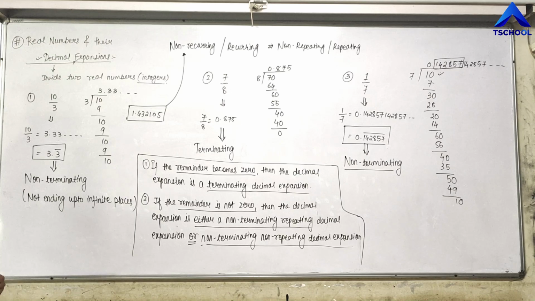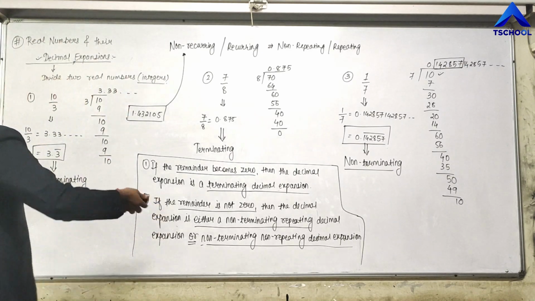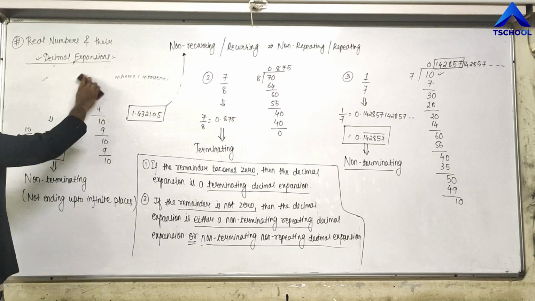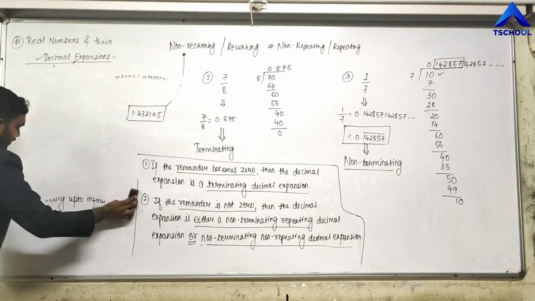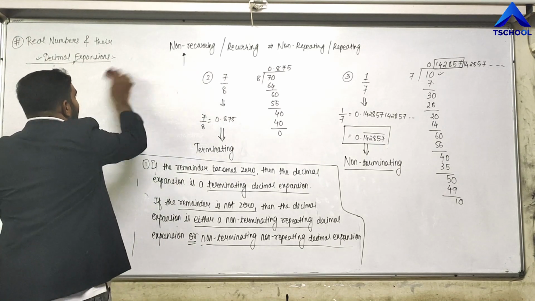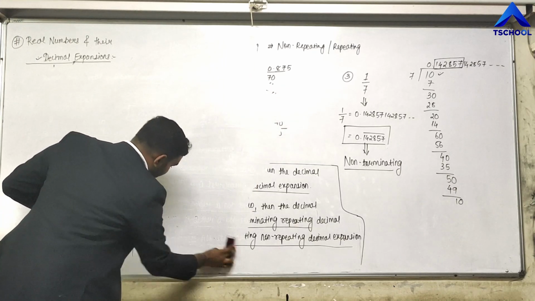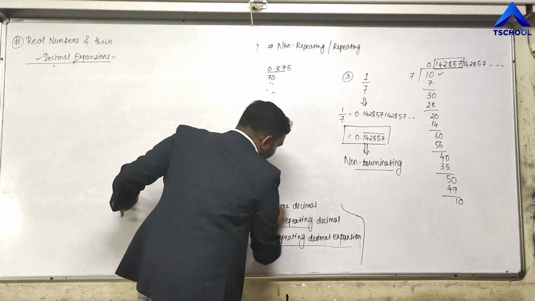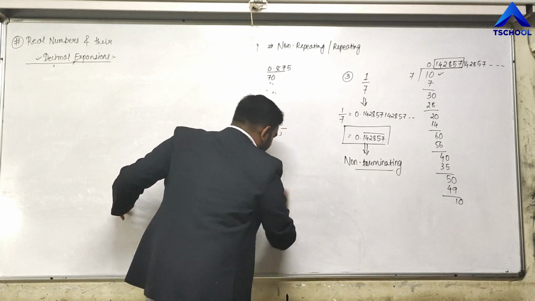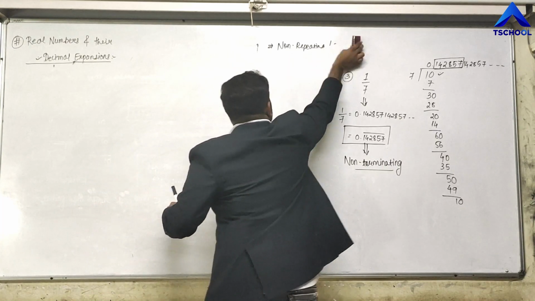Is it clear? So the next thing that we are going to learn is how to convert decimal numbers to rational numbers. We have already studied in these three examples how to convert a rational number into a decimal number, simply by dividing the numerator by the denominator.